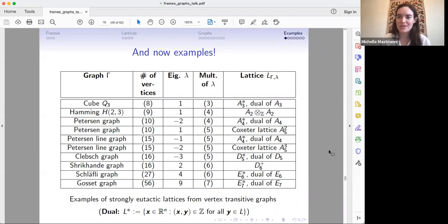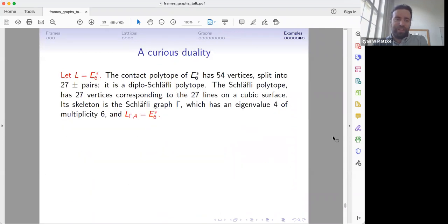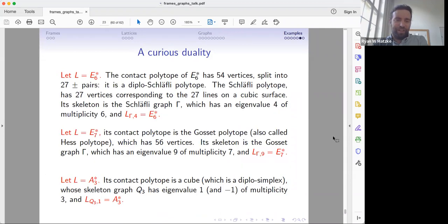Any further questions? I had a question. It was about that duality slide near the end. You were saying that you only found that it worked for those three cases.